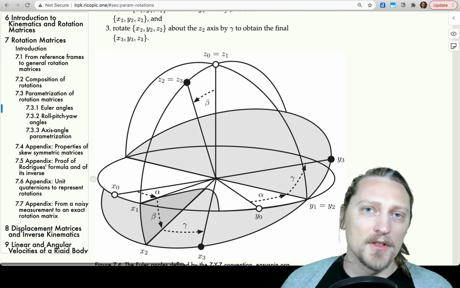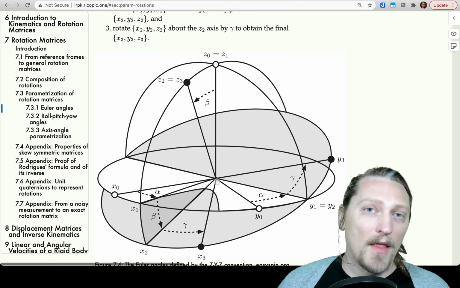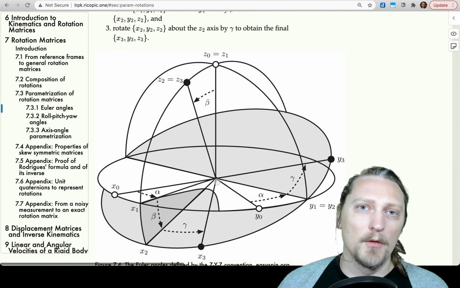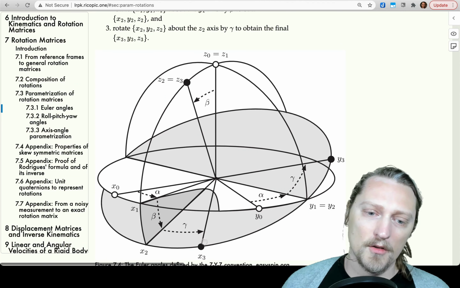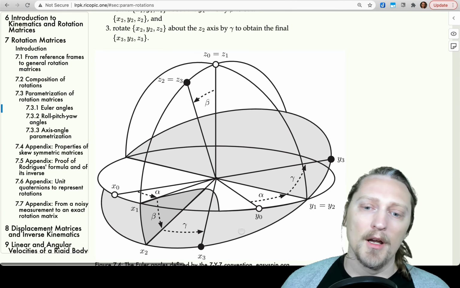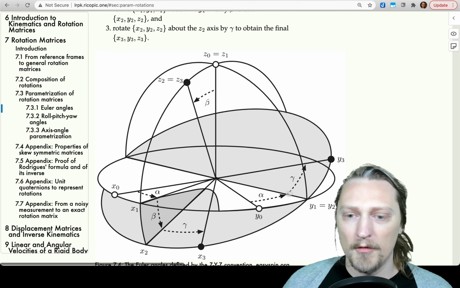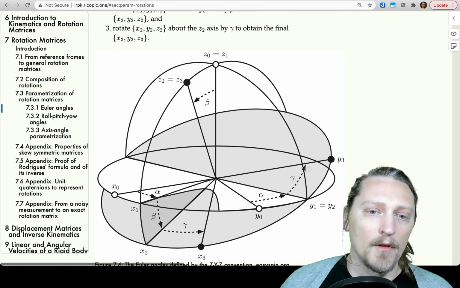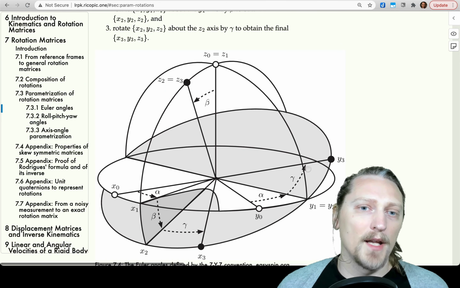This plane of rotation is this sort of angular plane, you can see in gray here. And that rotation is of angle gamma. So we have x2 becoming x3 by rotating gamma, and we have y3 from y2 by rotation gamma. And that is our third Euler angle, our third rotation.